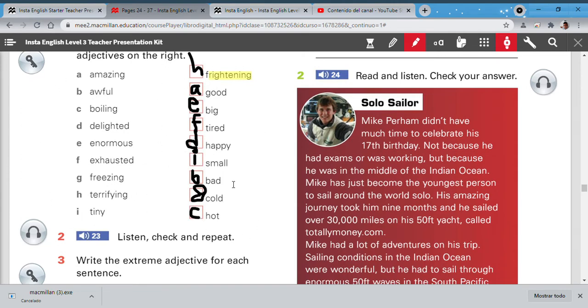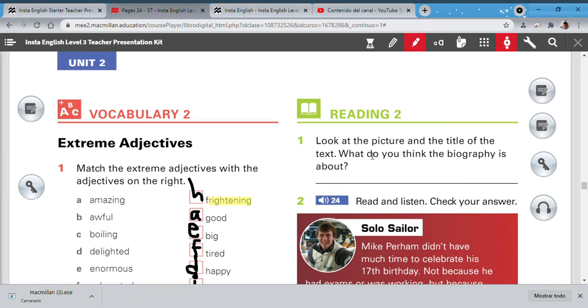Okay? Now let's continue. Here it says reading activity. Reading number 2. Look at the picture and title of the text. What do you think the biography is about? Look at the picture. There is a boy, and the title says Solo Sailor. What do you think this title is about?